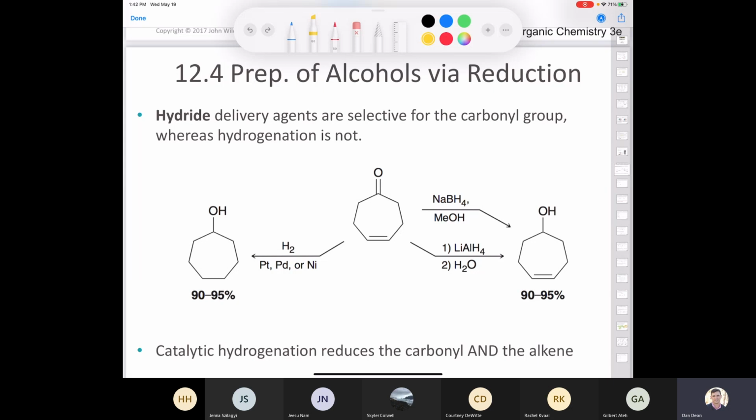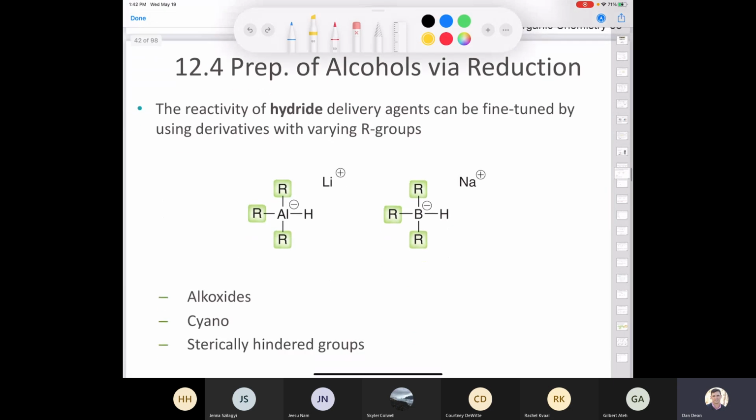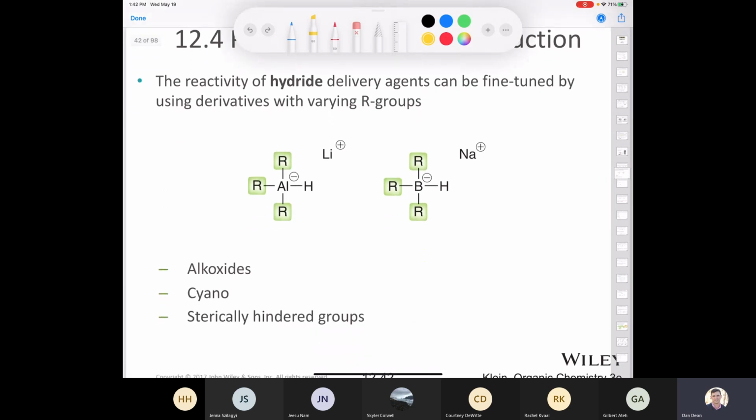Anyhow, so there we go, reduction. So you've learned a couple of new reagents to effect reduction. Well, the truth is that the reactivity of hydride delivery agents can be fine-tuned by using derivatives with different R groups. So really, that's kind of the free market at work here.